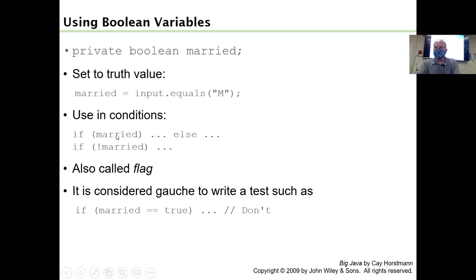So do it like this. Don't do it like that. And then you won't be gauche. You don't want to be gauche. I'm not very good at French. Spanish, I'm good. So just use the simpler test, just like that, if married. And it reads really nice in English as well.